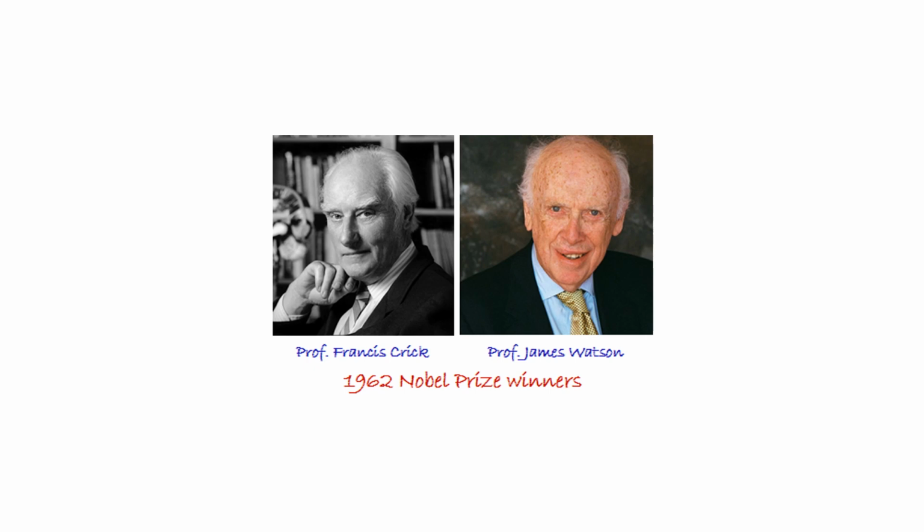For their discoveries concerning the molecular structure of nucleic acids and its significance for information transfer in living material, Crick, Watson, and Wilkins obtained the 1962 Nobel Prize in Medicine.